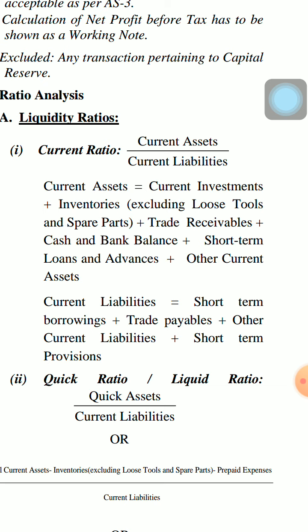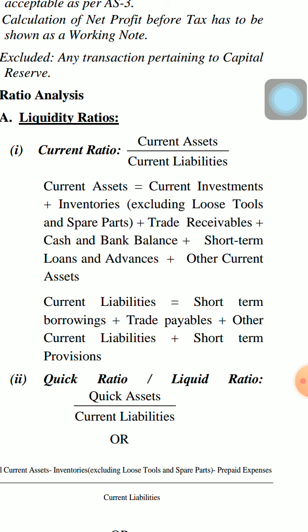So current investments, inventories, but excluding loose tools and spare parts, trade receivables, that means bills receivables or your debtors, cash and bank balance which are already in money term, and short term loans and advances which are given to other persons, and other current assets which can be easily converted into money.